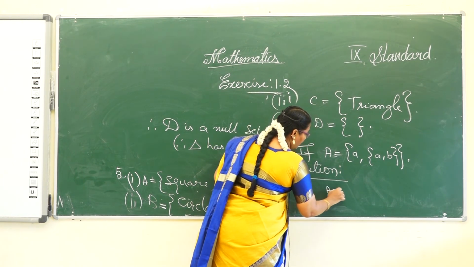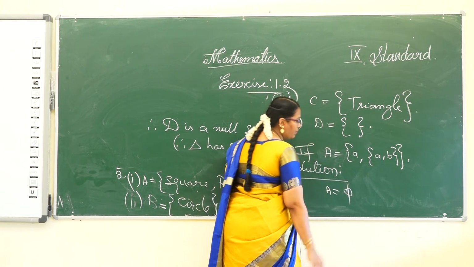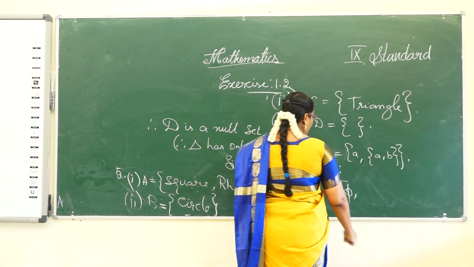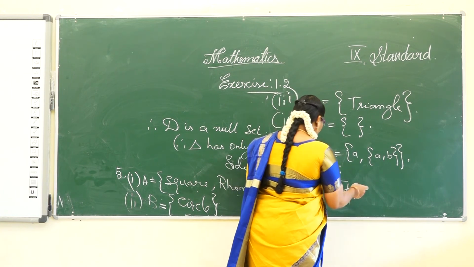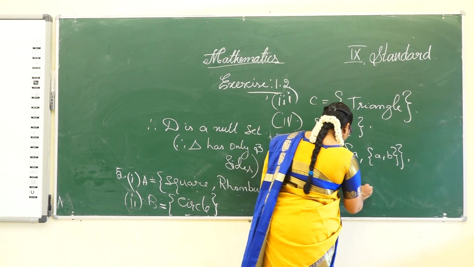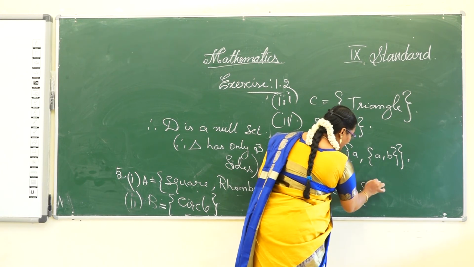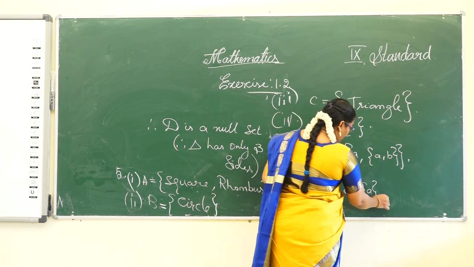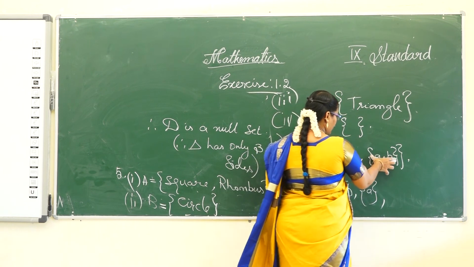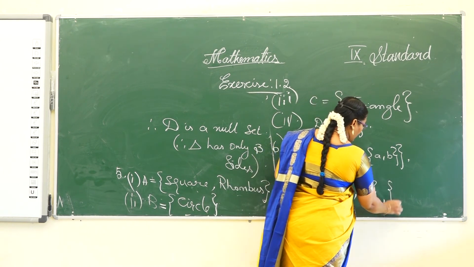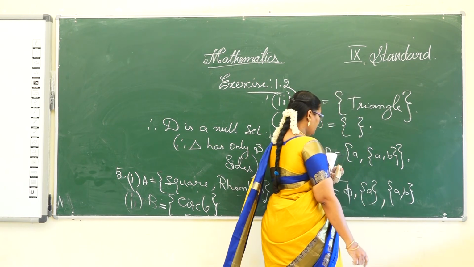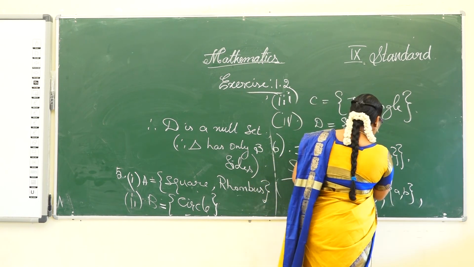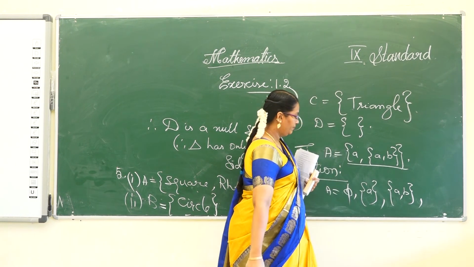First write the null set, the empty set. Only subsets you want to write in this place. Empty set, next the set {a}, next {a, b}, and that's all.